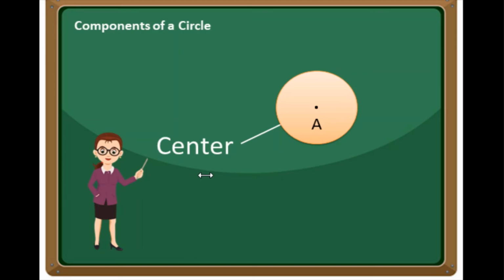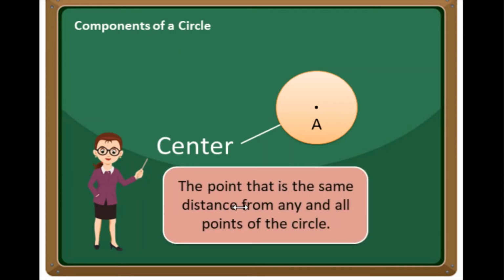Center. Okay, center is the point that is the same distance from any and all points of a circle. So from here or here, here or over here, the measurement or the distance of it are still the same.